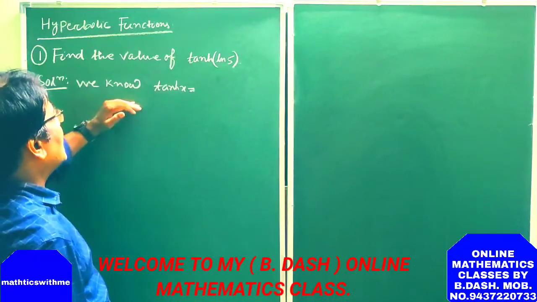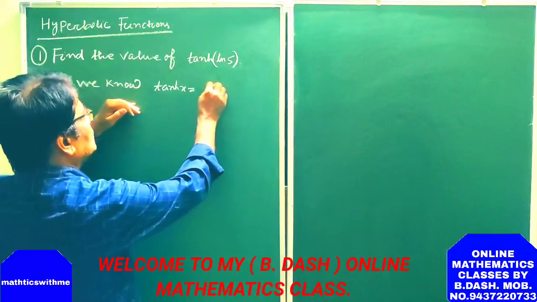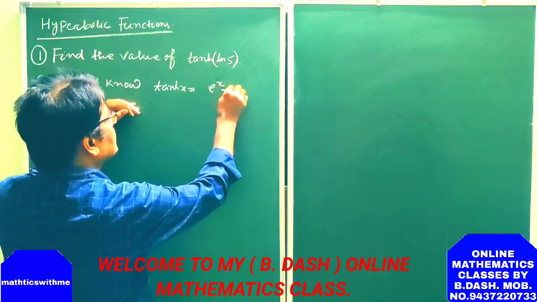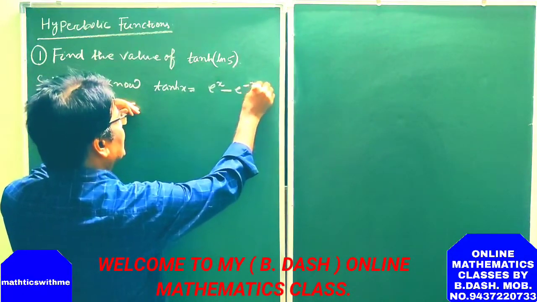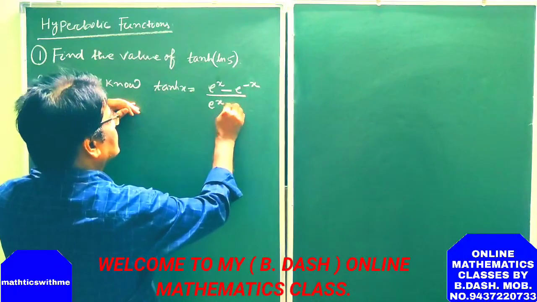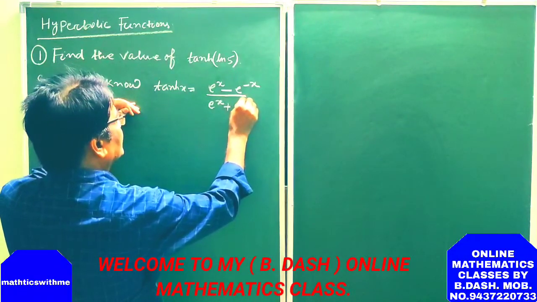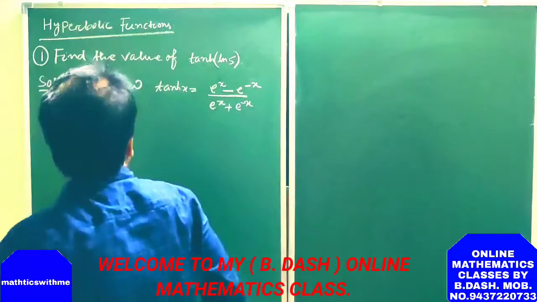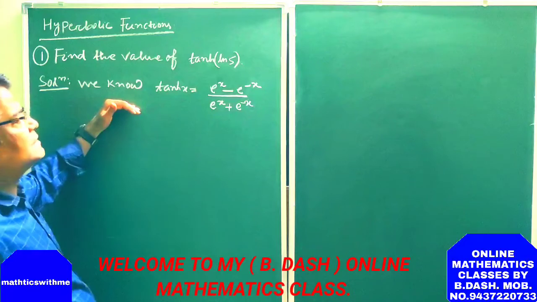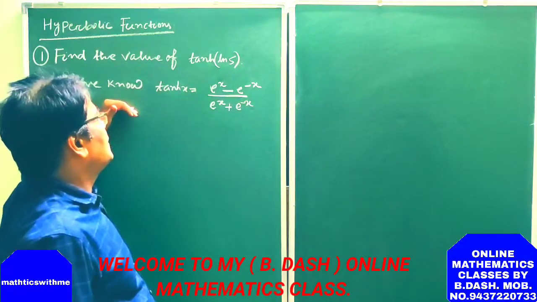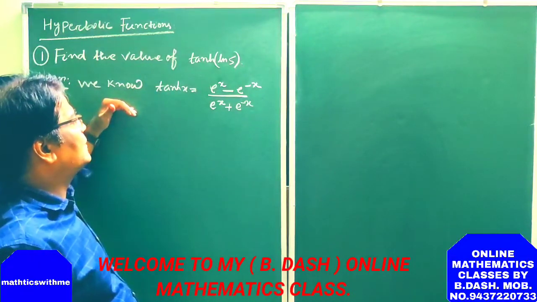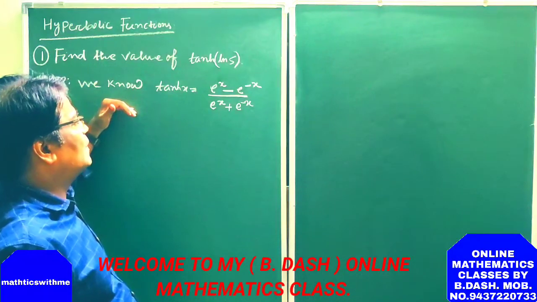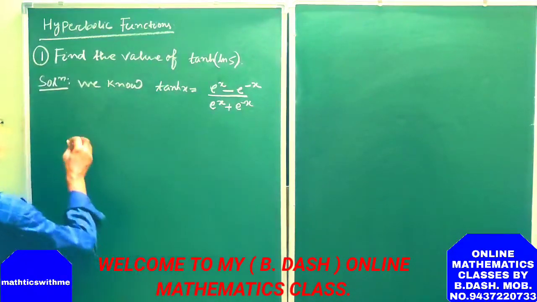We know tanh x is equal to (e to the power x minus e to the power minus x) divided by (e to the power x plus e to the power minus x).